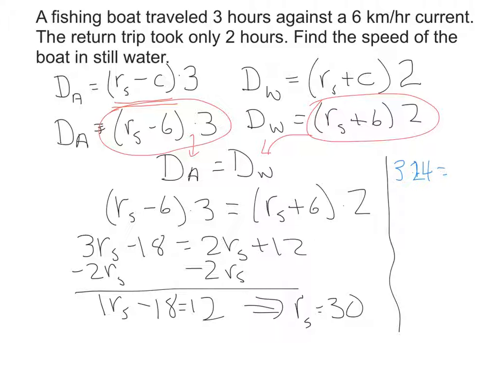The distance with is 30 plus 6, which is 36, times 2. And of course, what we get is 72 over here and 72 over here. So it turns out that this boat goes 72 kilometers in 3 hours against the current and in 2 hours with the current. The next slide has another distance equals rate times time problem where we'll do the same kind of process and see if we can come up with the appropriate speed.